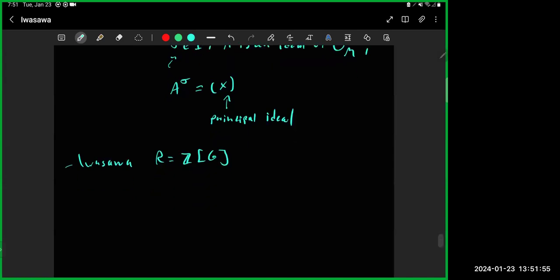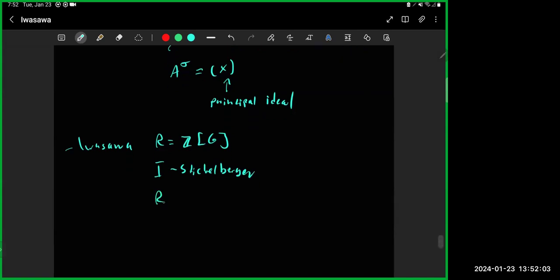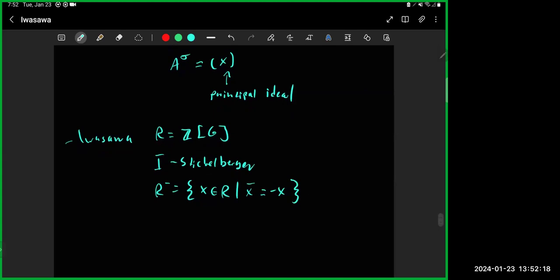So I is the Stickelberger ideal. If we define R minus as the set of all elements x in R such that complex conjugation of this element gives us minus x, then we can also define I minus as I intersect R minus.